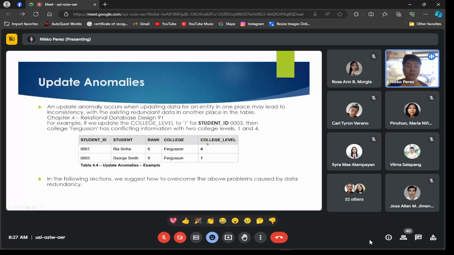Okay? This is just a simple example. But in a real application, there will be a lot of conflicting information.